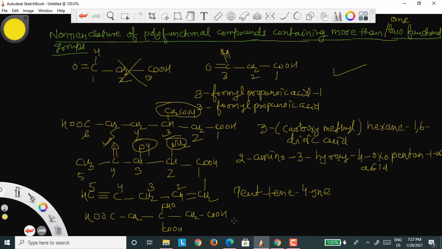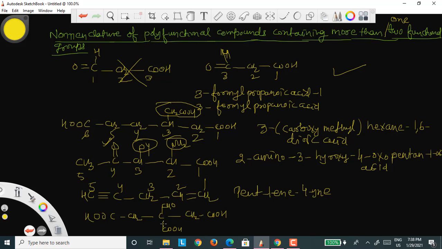What is the name of this compound? Can you tell? So this contains COOH group, 3 functional groups, plus CHO, 4 functional groups. So COOH functional group 3 times and aldehyde 1 time. So you can start 1, 2, 3.